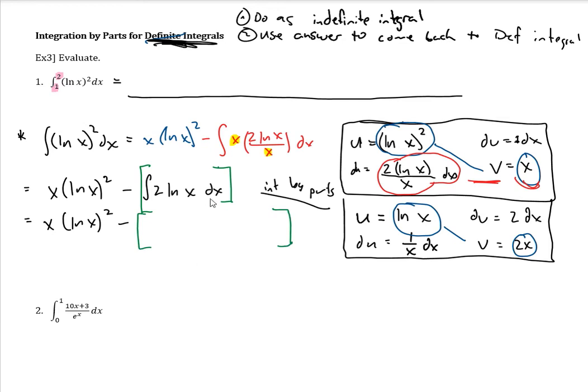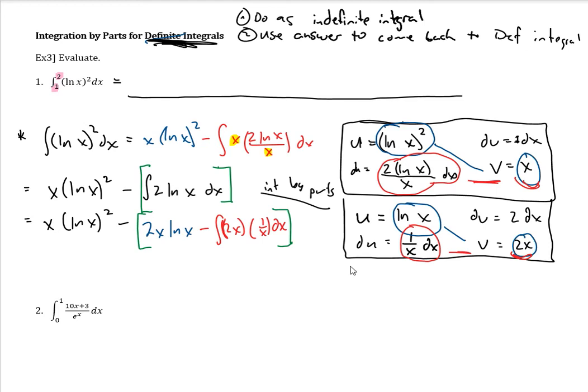Okay, but in this green is where I'm doing the integration by parts. So this is where the 2x times the ln of x, so we have 2x ln of x. And then again, always minus these ones straight across. Okay, minus the integral of those, which I'm going to write as 2x times 1 over x dx.